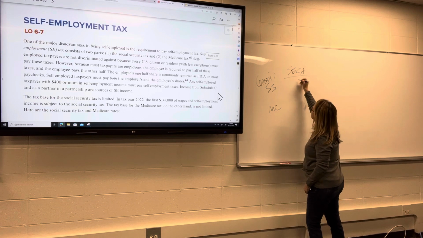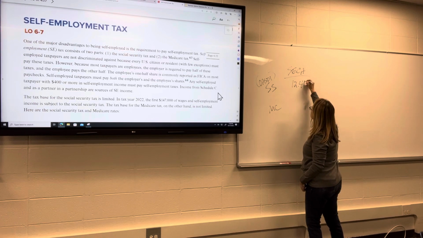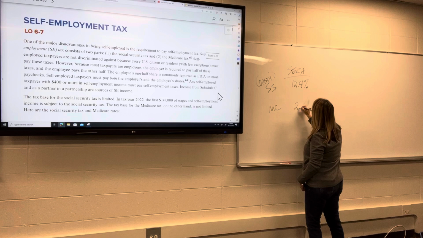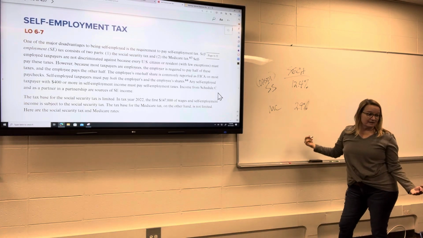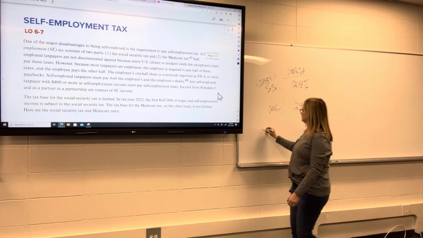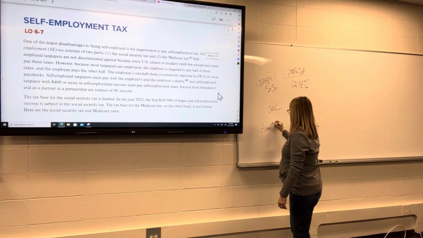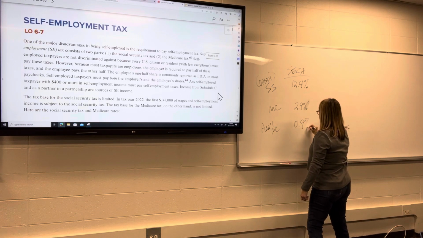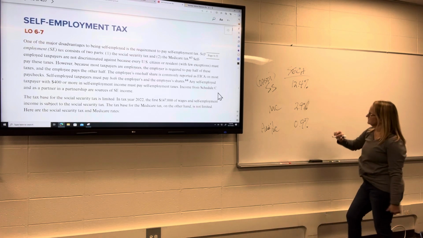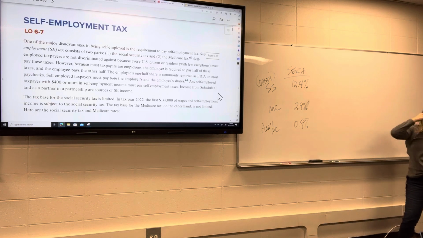The percentage was 12.4% and 2.9%. And then we also had additional Medicare tax. Remember that? Additional Medicare tax? 0.9%. All right, these are all the self-employed taxes.